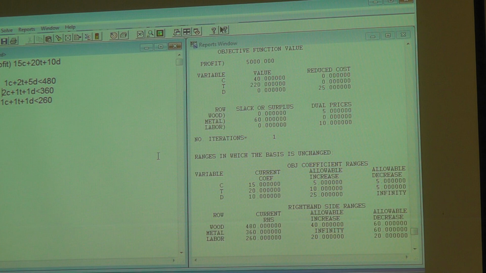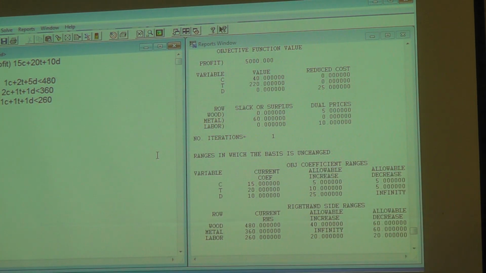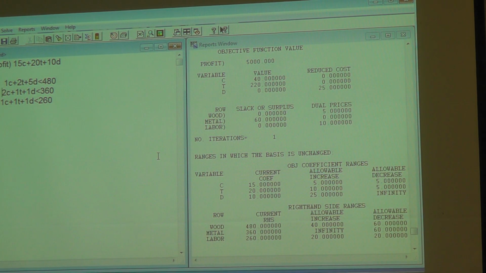Okay, so let me formulate a new problem. The problem is as follows. An investor has $90 on Monday.